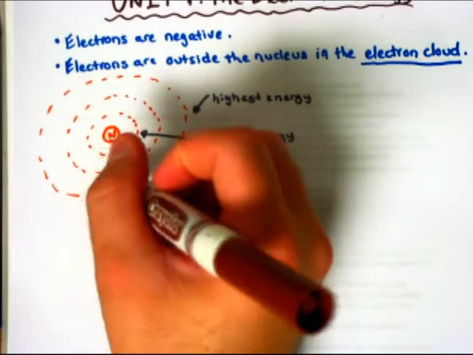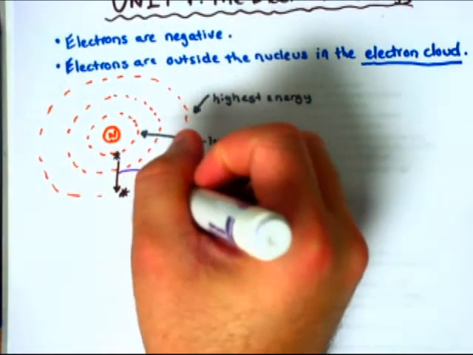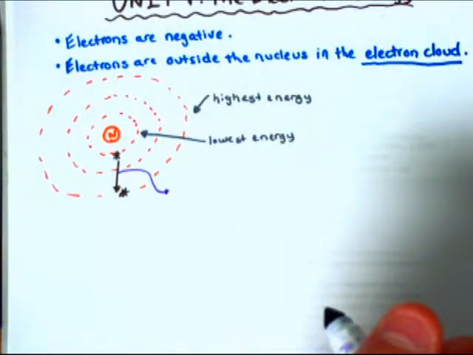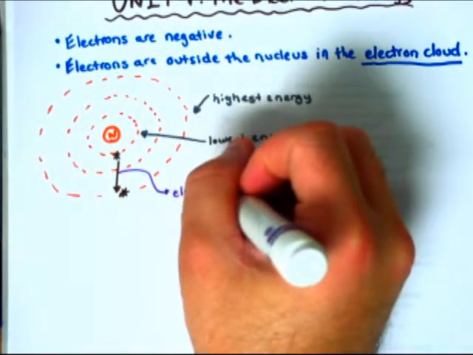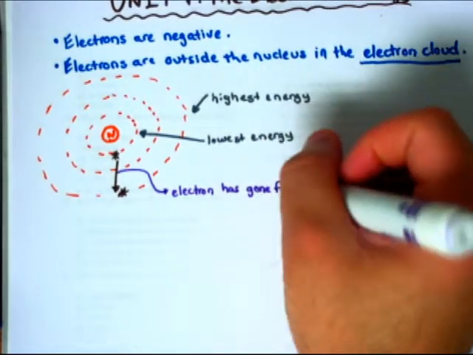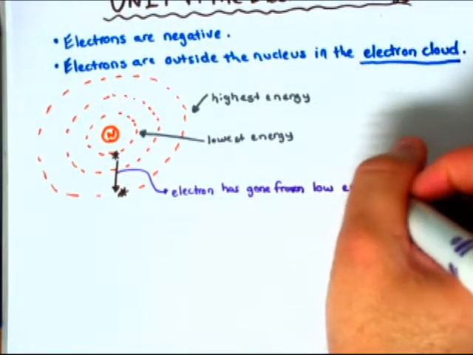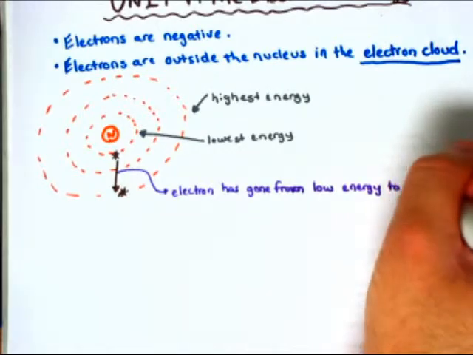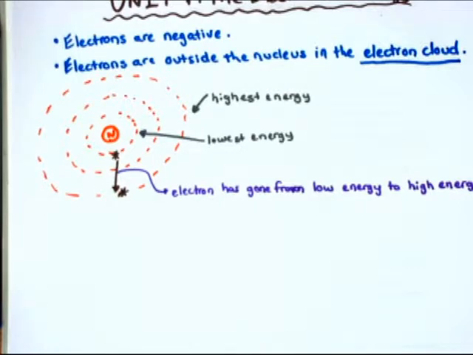So if you look at this movement, I think we could all agree, quite simply, that the electron that's here has gone from high to low or low to high energy. So the electron has gone from low energy to high energy. Good.